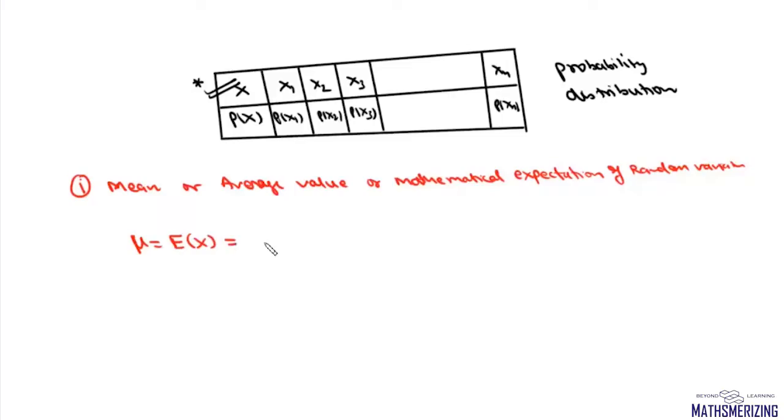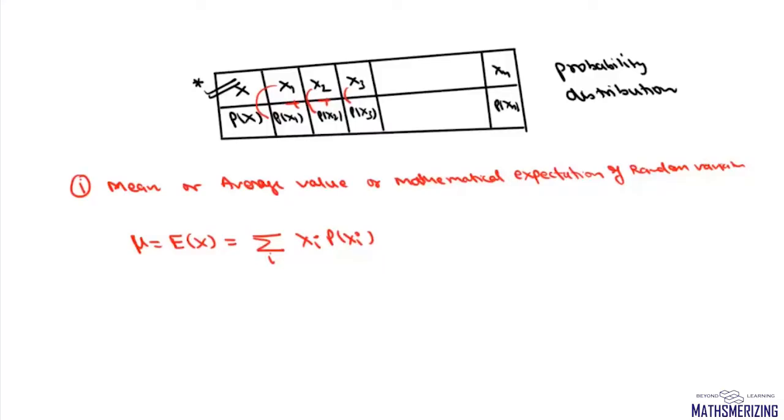Now the expectation of this random variable x is this summation of xi into p(xi) over all i. So all we need to do is multiply every value of the random variable with its corresponding probability, and then add them all up to get the mean or expected value of a random variable.